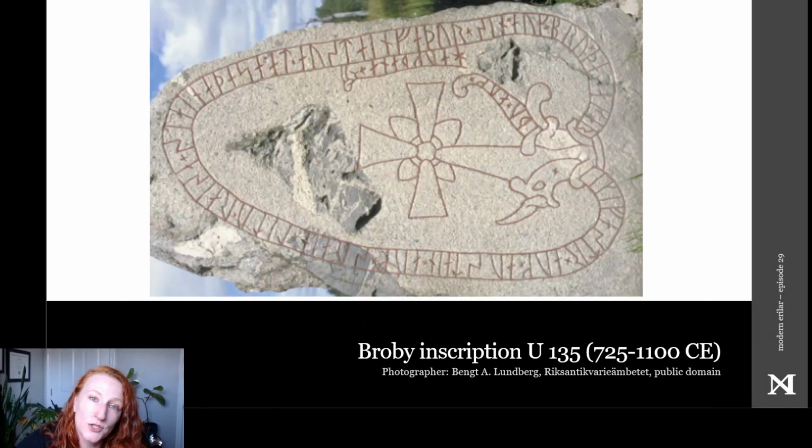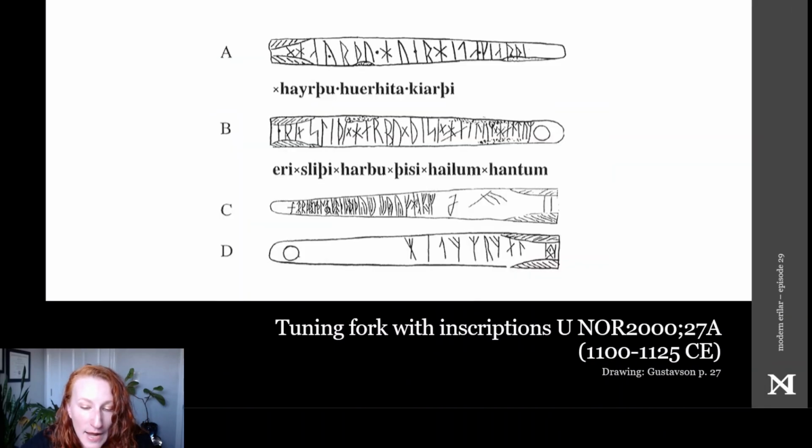Rune writers could also alternate between various possibilities. The rune writer of U135 from Uppland used a combination of a plus sign mark and a single dot in terms of their division marks. And a medieval tuning fork used both dots and a small x in the same inscription.